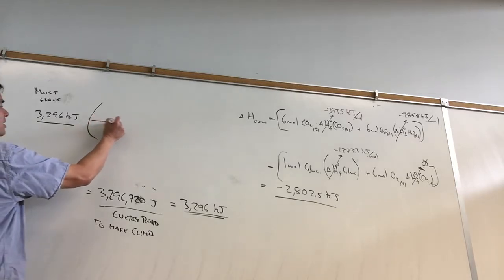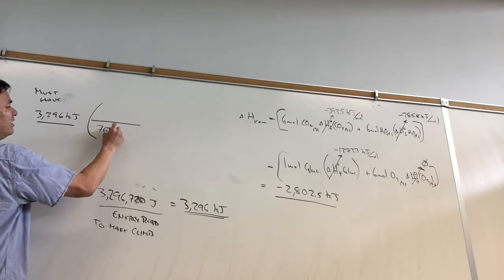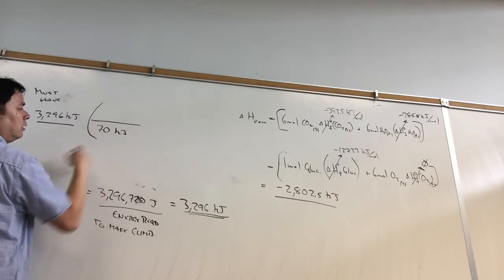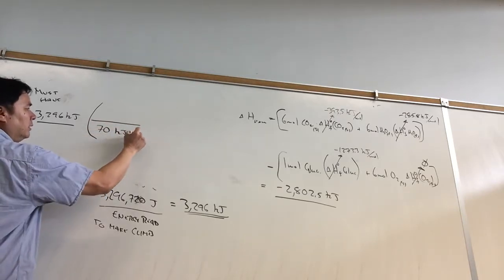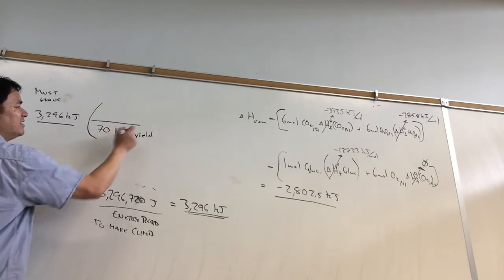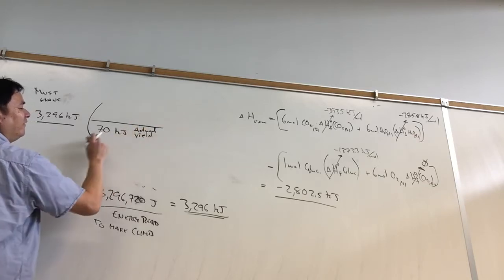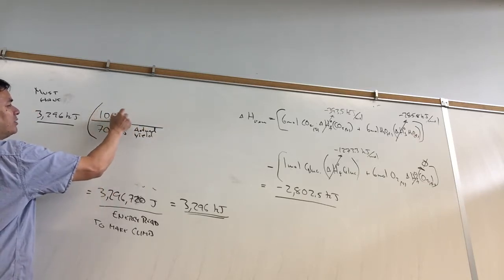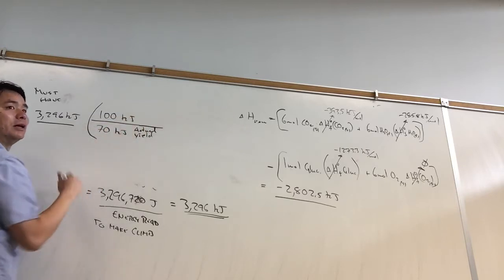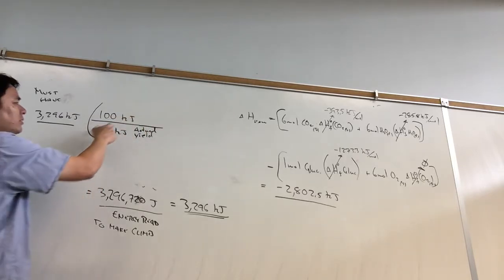And so what that means is this: for every 70 kilojoules that are yielded, in theory, this is our actual yield, we'll have to produce 100 kilojoules, right?